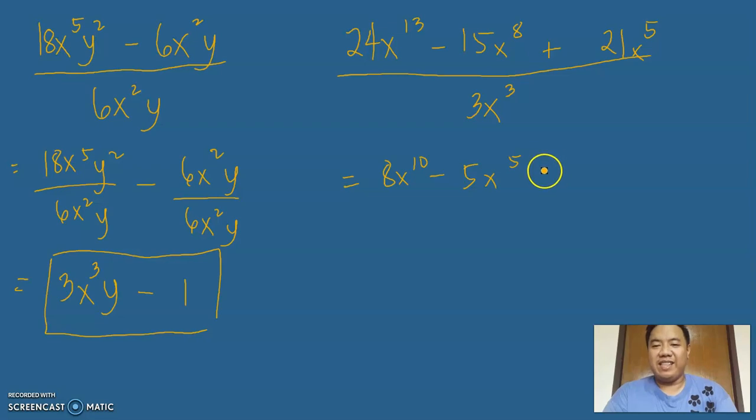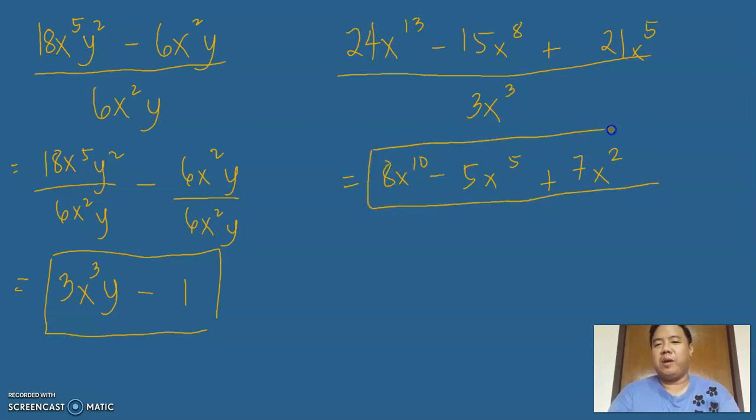Nakuha po ba ulit? Congratulations! And then the last one, it's 21x raised to 5 divided by 3x raised to 3. So that is 7x raised to 2. Very good. So ito na ang magiging final answer po. Okay. Nakuha po ba ang tamang sagot?